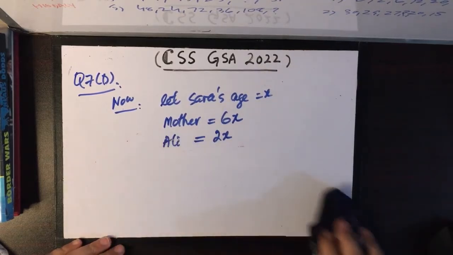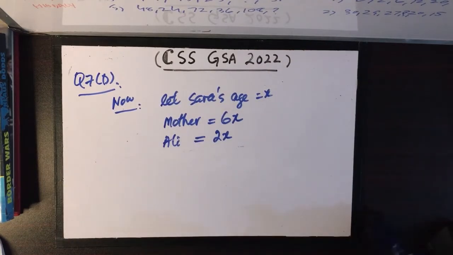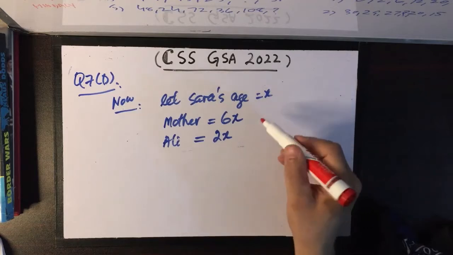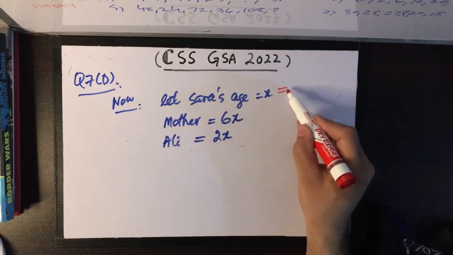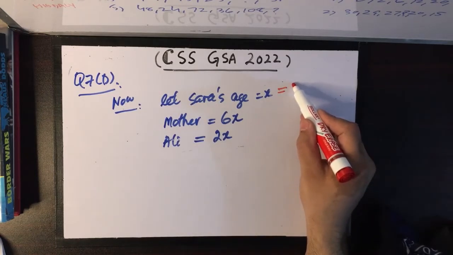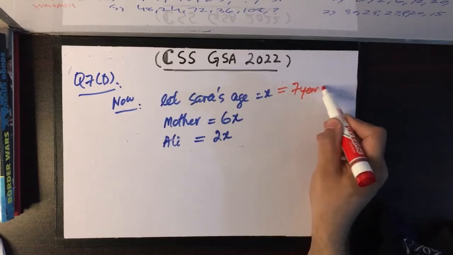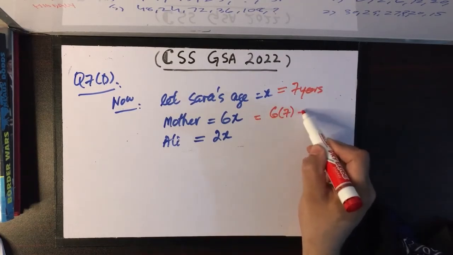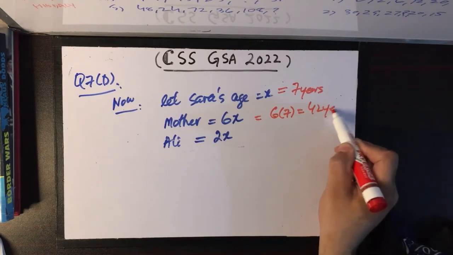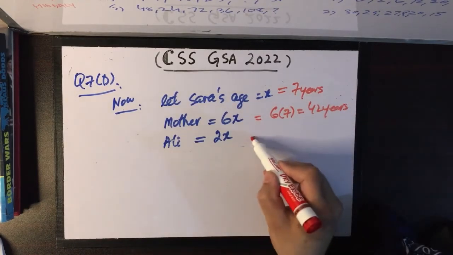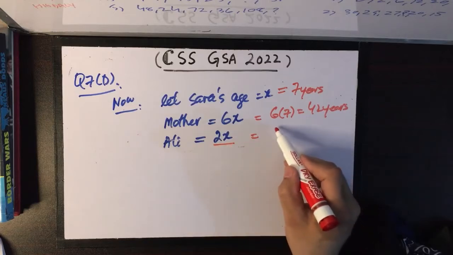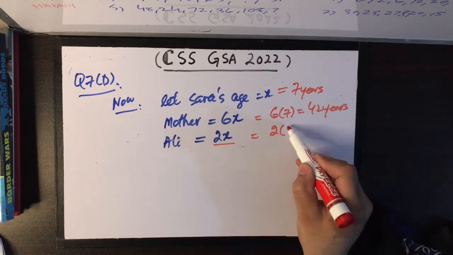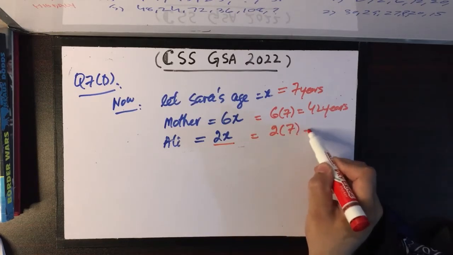As we've calculated, X, which is the age of Sarah, is equal to 7 years. So the mother's age would be 6 into 7, 42 years. Now Ali's age is 2 into 7, 14 years.